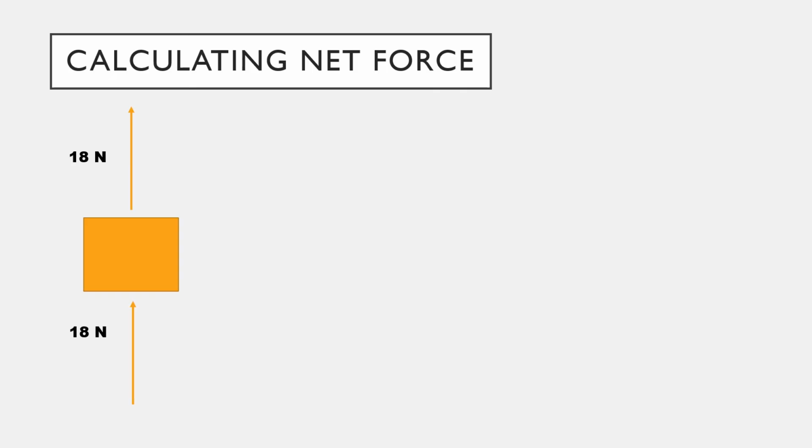Next. So, 18 Newton and 18 Newton. Very obvious, these are balanced forces, right? Also very obvious that they are in the same direction, going up or to the north.